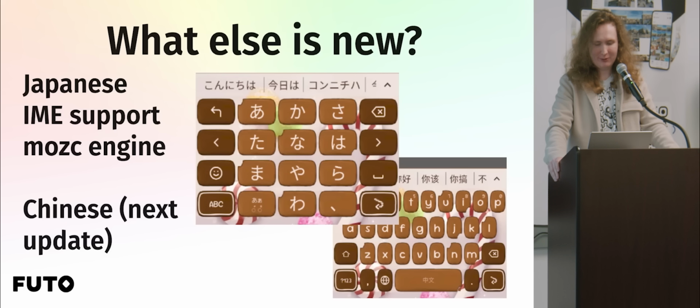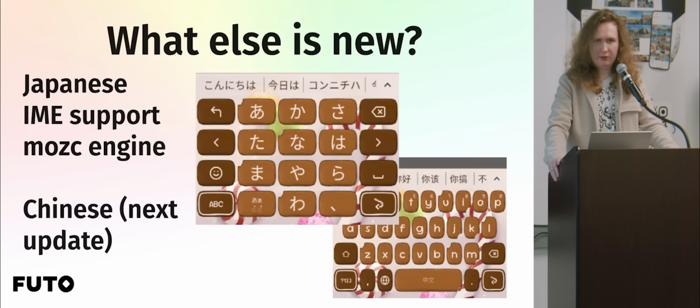If you've never used it, it's pretty cool if you ever look at it. So yeah, adding Japanese has involved refactoring some of the code to support different input methods, and with that, it laid the groundwork to do other more complex languages as well.